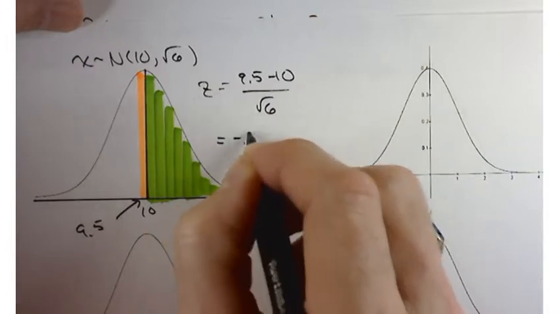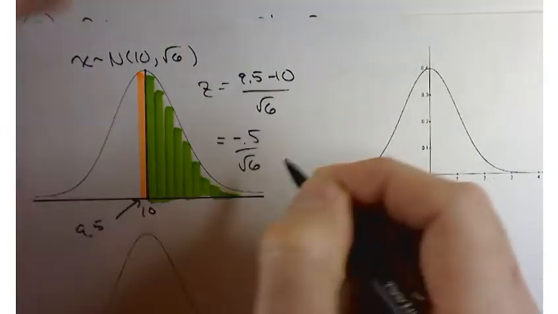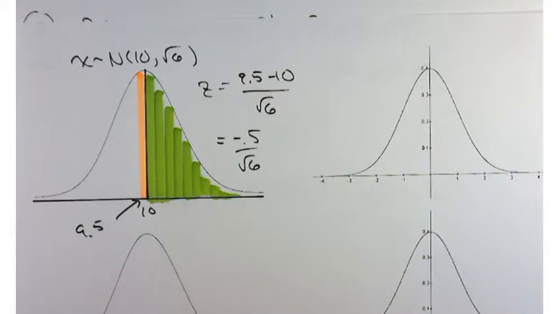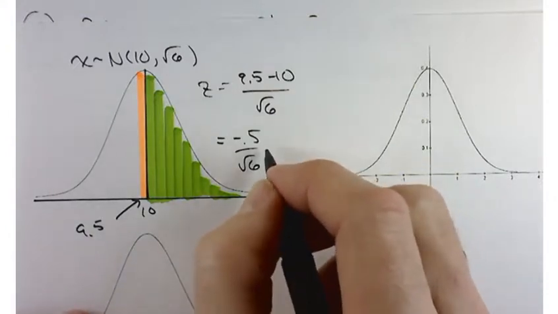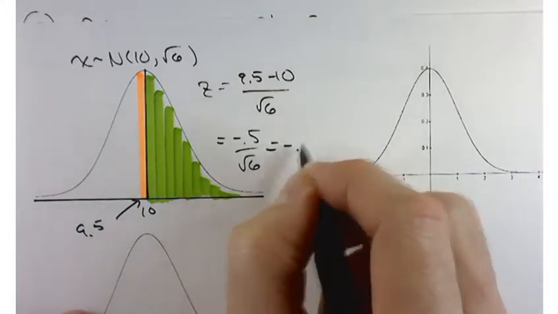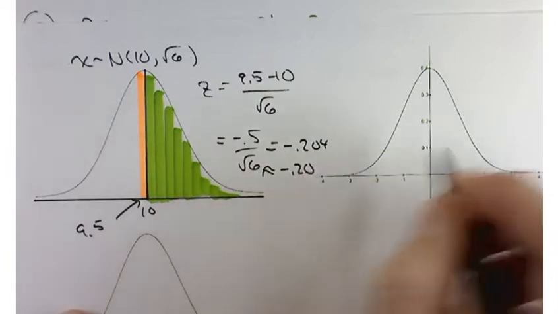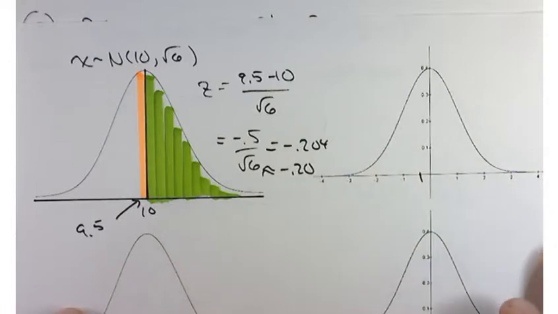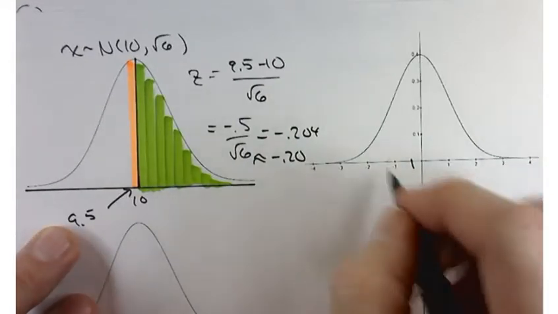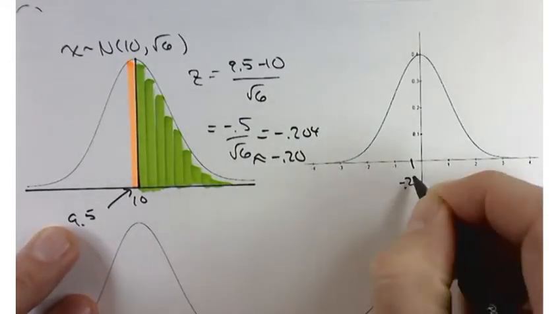So negative 0.5 divided by the square root of 6. Negative 0.204, or approximately negative 0.20. So just a little bit to the left of the y-axis here.